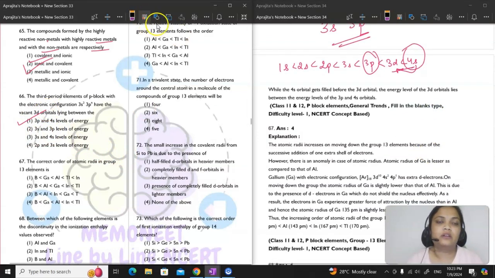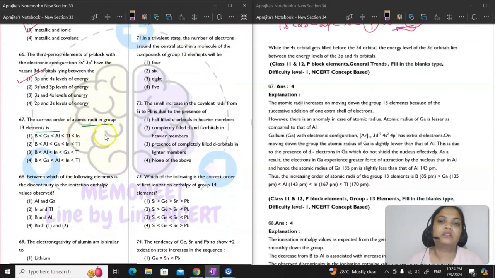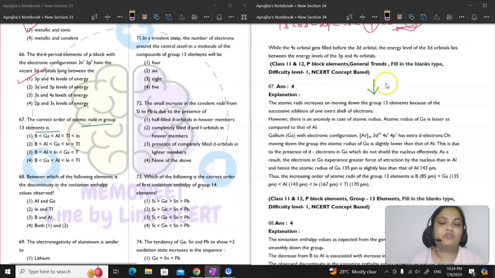All right, now next question. Correct order of atomic radii in group 13 elements is. We know students that as we move down the group, the atomic radii or atomic size increases, because there is successive addition of one extra shell of electrons.